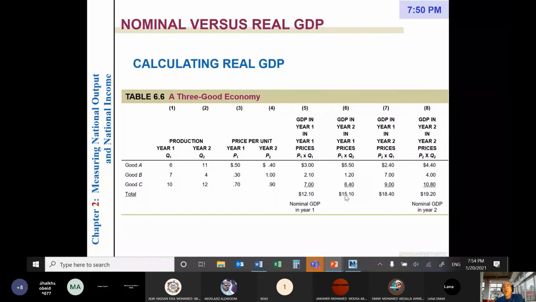Why? Because in this real GDP there is no change in the prices. We freeze the prices. So here P1, here P1. There is no change in the prices, just a change in quantities from Q1 to Q2. So it's better to calculate real GDP. Do you understand till this moment?